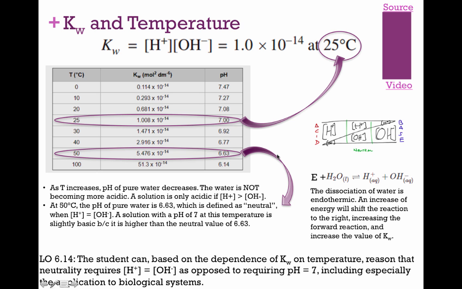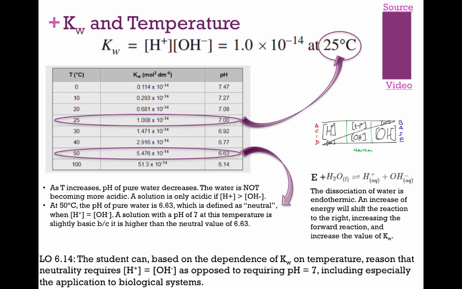So then looking at Kw and temperature, and we looked at this in class, Kw is on your equation sheet. That's where H plus equals OH minus, and at 25 degrees Celsius, it's 1 times 10 to the negative 14. But the biggest thing with this, like we talked about in class, is that they do not want you to classify something being neutral as being 7. What they want you to do when you classify something being neutral is saying that H plus equals OH minus.